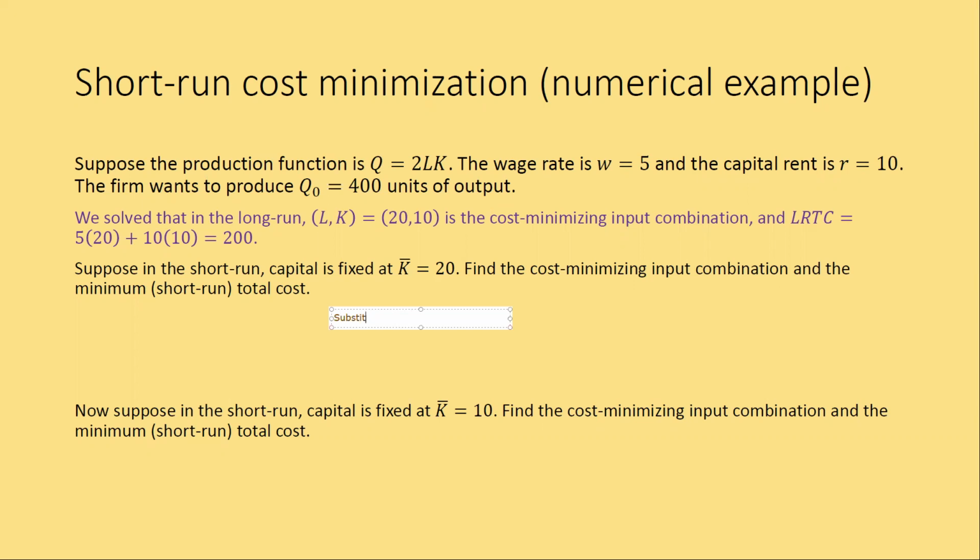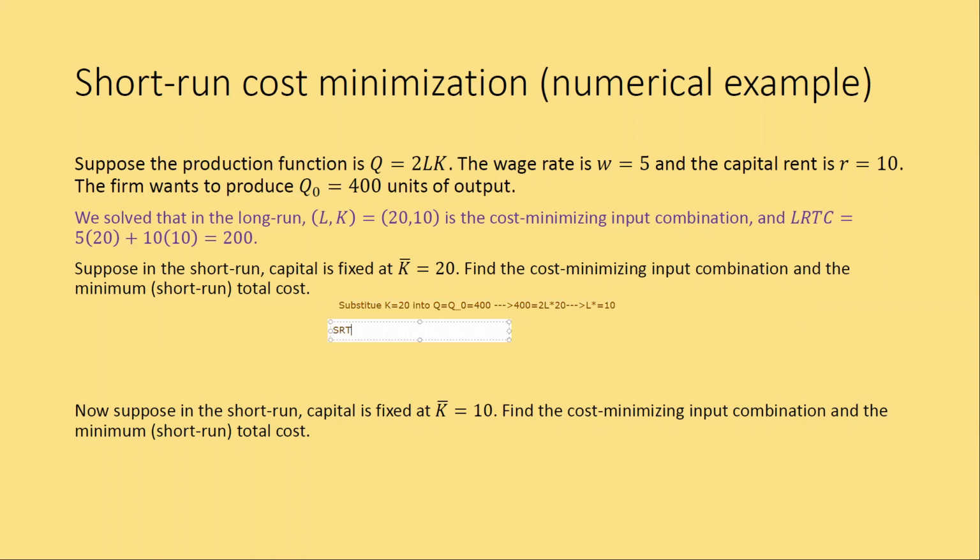To do this, we substitute K equals 20 into our production function, that is Q equals Q0, and that is 400 units. So this is going to tell us 400 equals 2L times K, that is K bar, that is 20. And basically we solve for L. What we get is L equals 10. And this is the L star we are going to use.